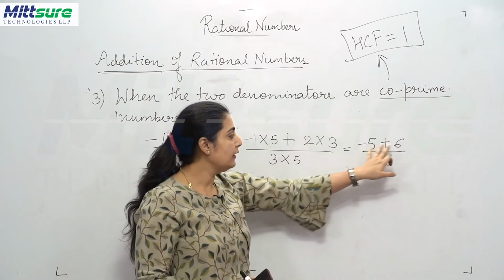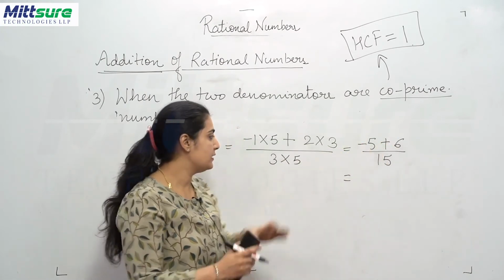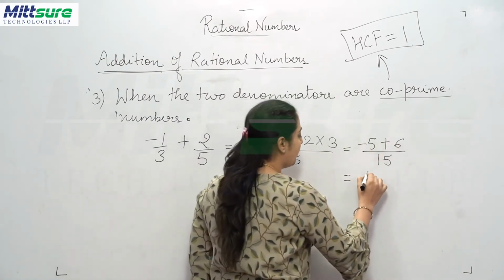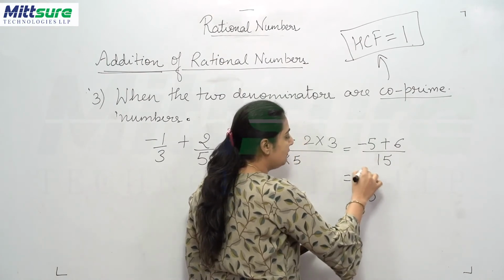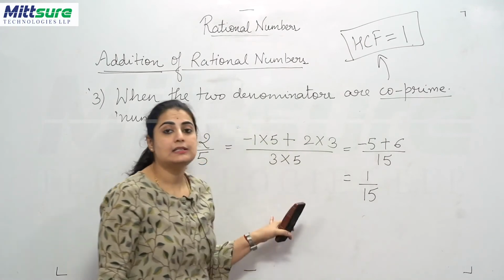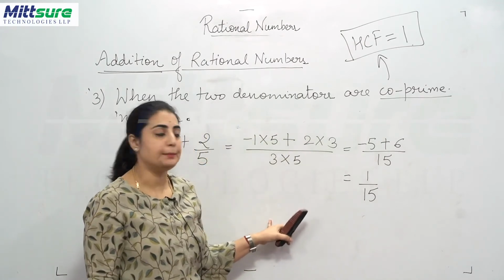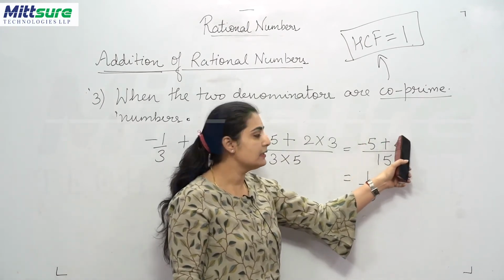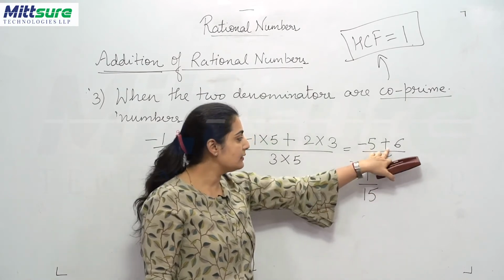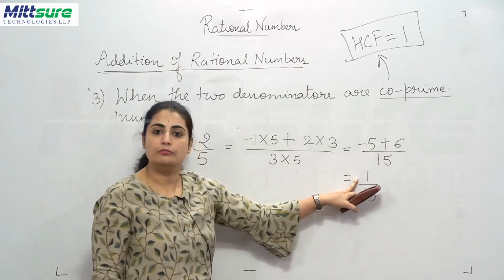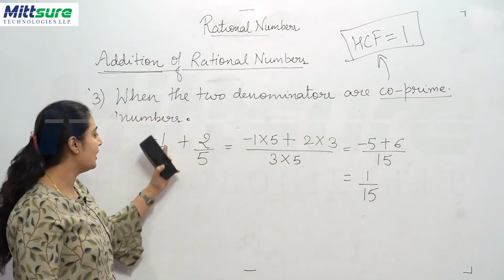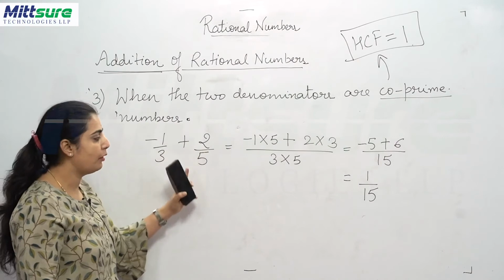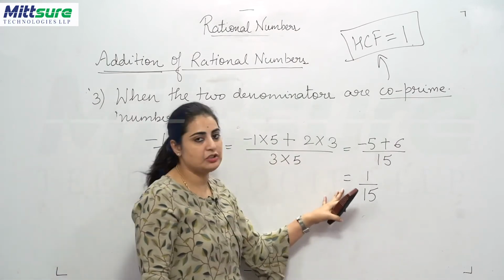So when I subtract 6 minus 5, I get 1 upon 15. The sign given to 1 is the sign of the greater number. Out of 5 and 6, 6 is greater, so its sign will be assigned to 1. So after adding minus 1 upon 3 plus 2 upon 5, the sum I get is 1 upon 15.